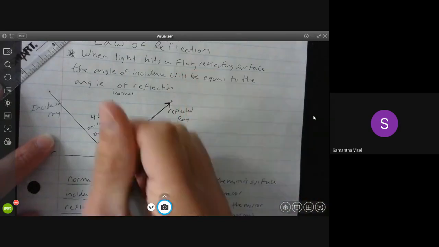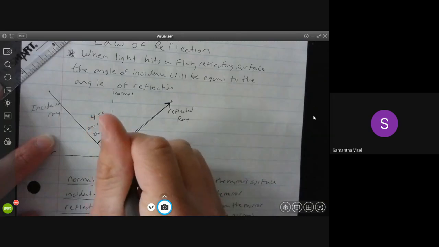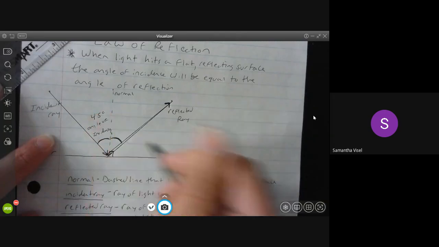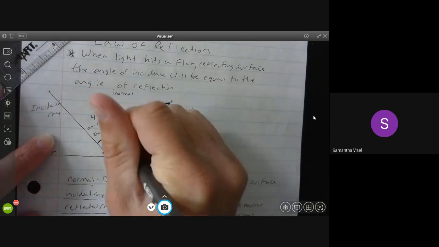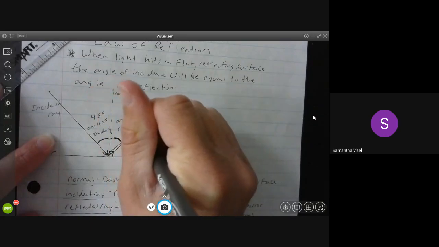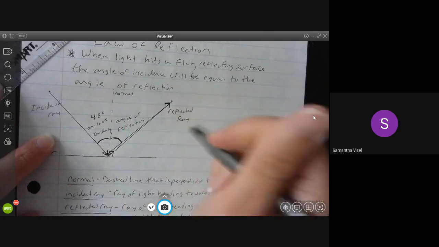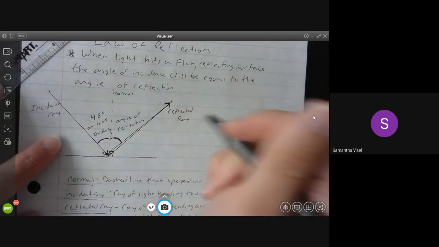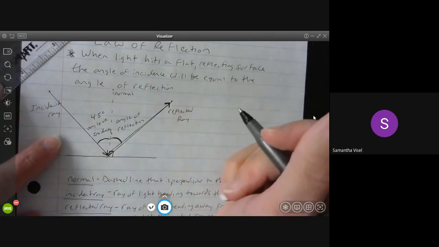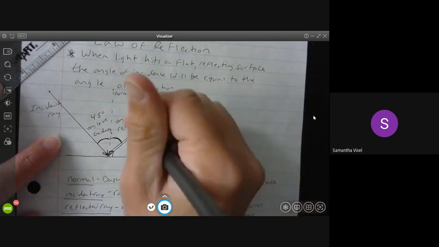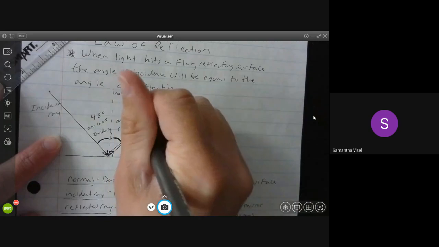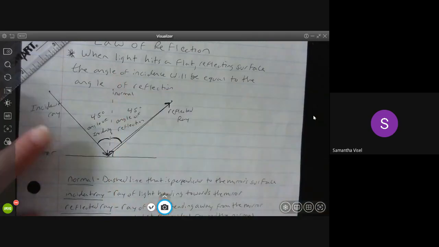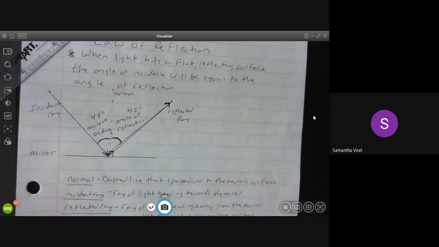This angle between the normal and the reflected ray is known as the angle of reflection. So if this hits the mirror at 45 degrees, then it's also reflecting at 45 degrees.